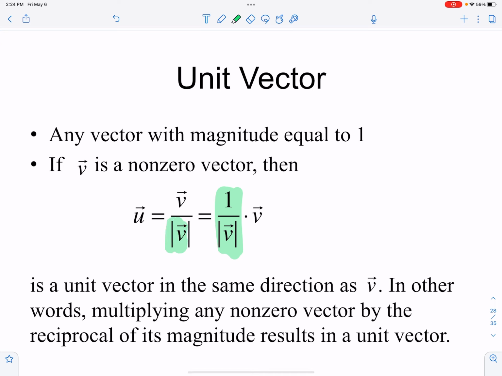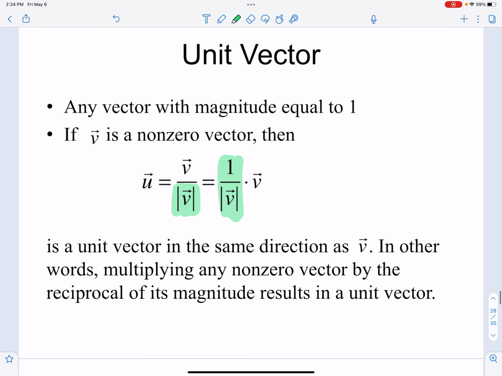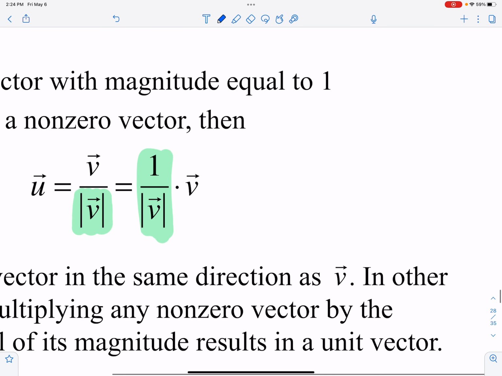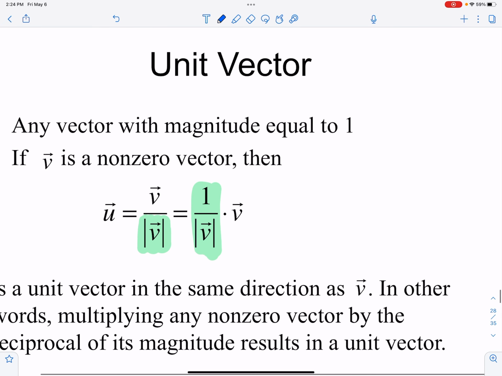So you can think about dividing each component of the vector by the magnitude, or multiplying each component by 1 over the magnitude, so by the reciprocal of the magnitude, to find the horizontal and vertical components of the unit vector.